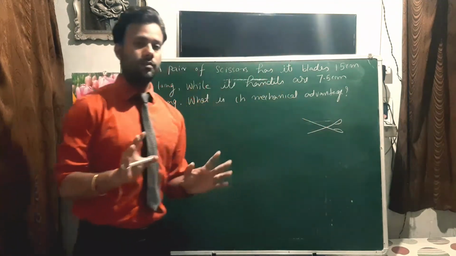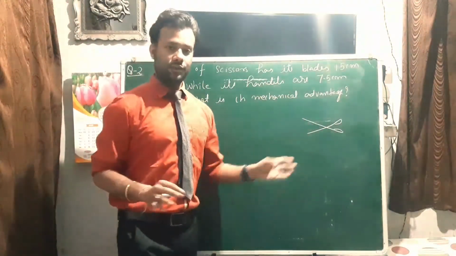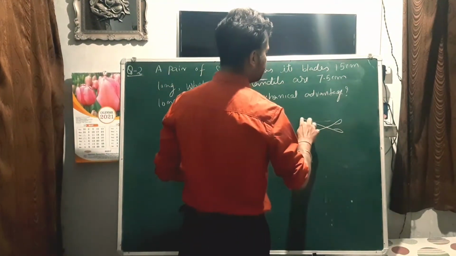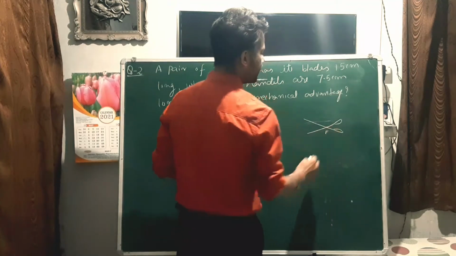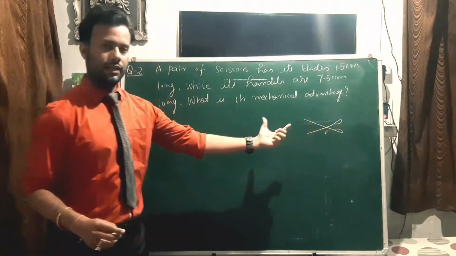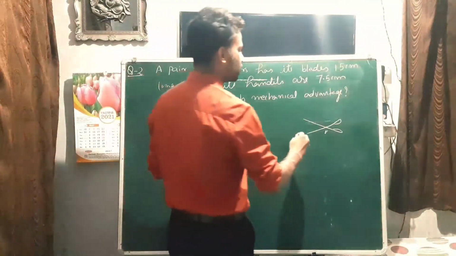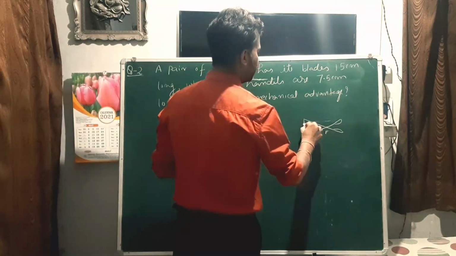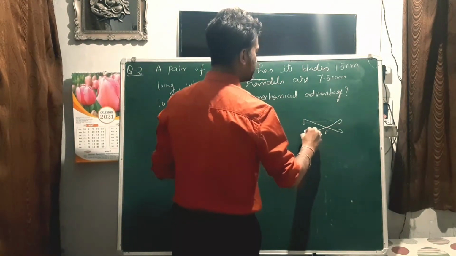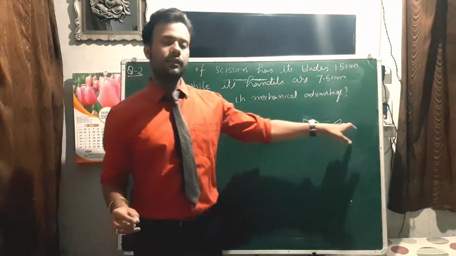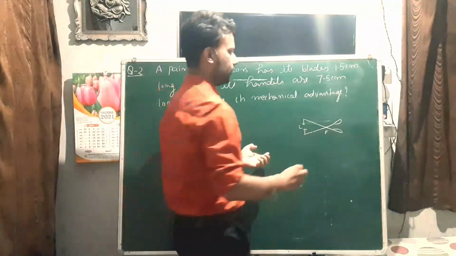see, my drawing is very bad, so it's a kind of scissor. So basically this will be the fulcrum here, F, and these are the blades where the load is situated, right? So here the load is situated, L, and from the handle we apply effort, right?